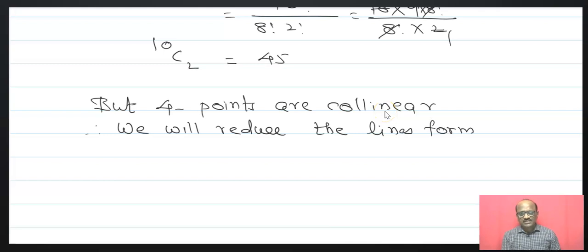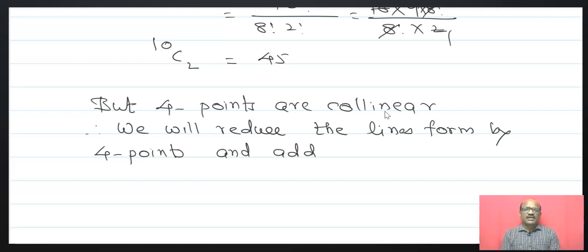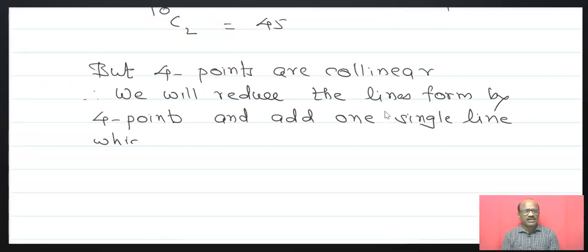That will be the answer. We reduce the lines by those from 4 points and add 1 line, because the 4 collinear points give 1 line.